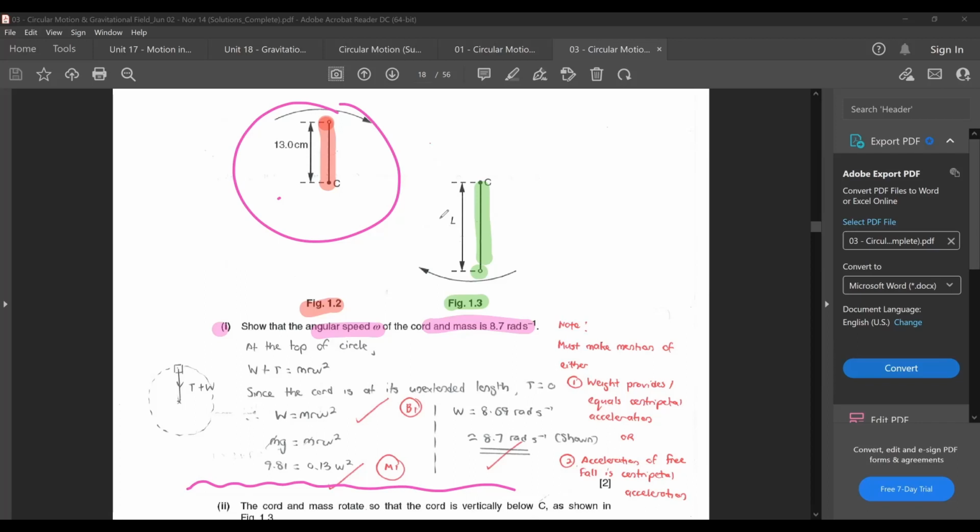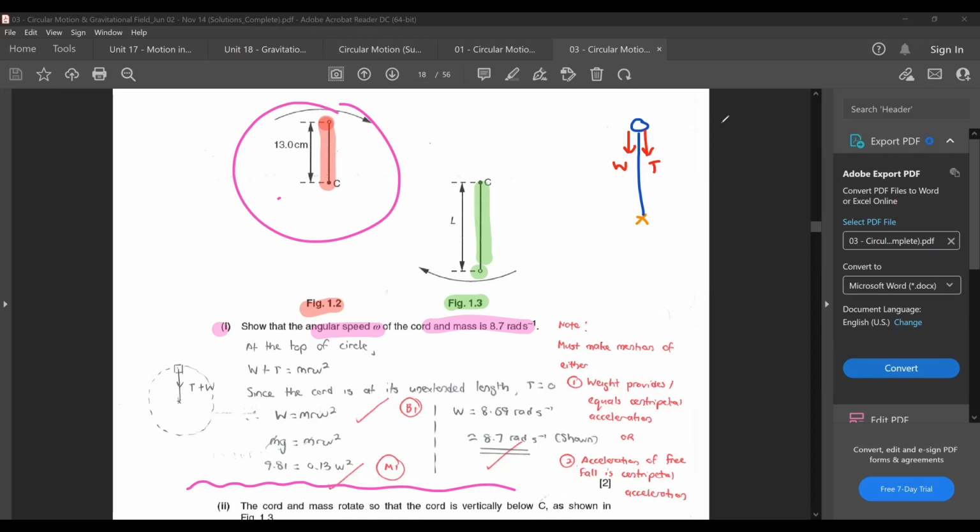So you look at the diagram where I tell you this is the center of the circle, and then your cord is like this with your mass here. At the top of your circle, there is the weight acting on the mass. There's also the tension due to the cord acting on the mass.